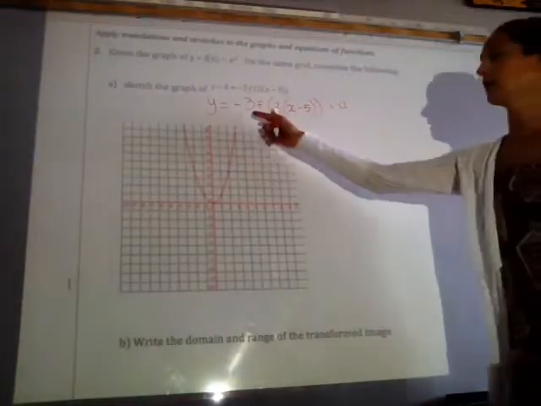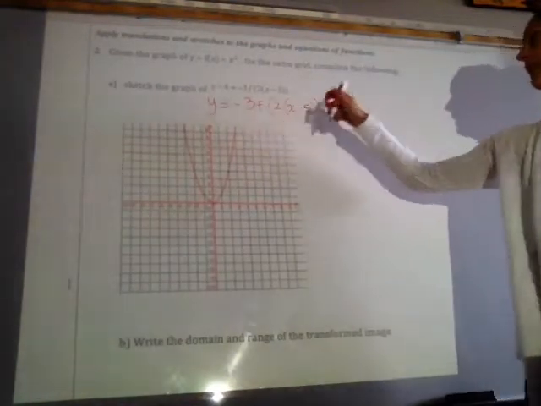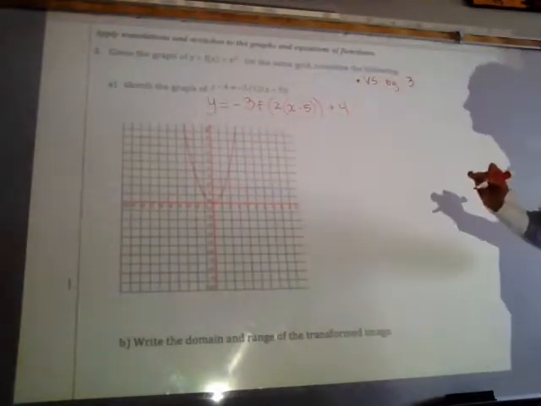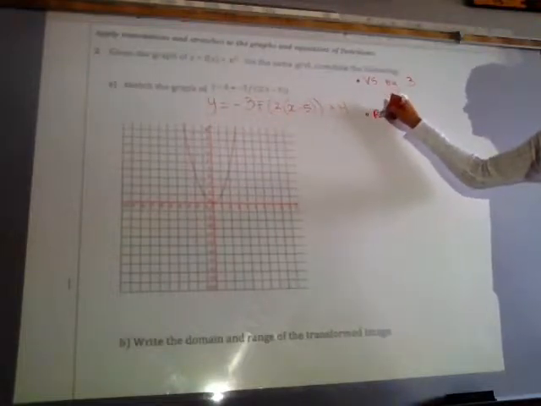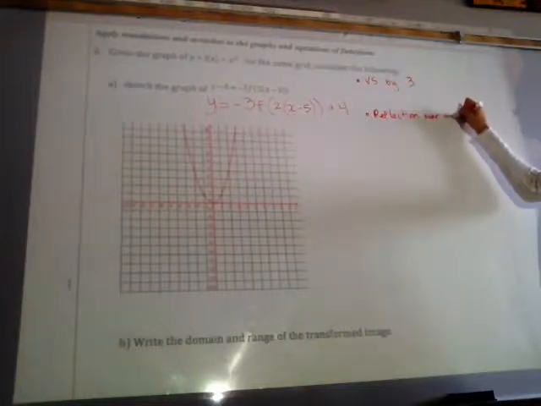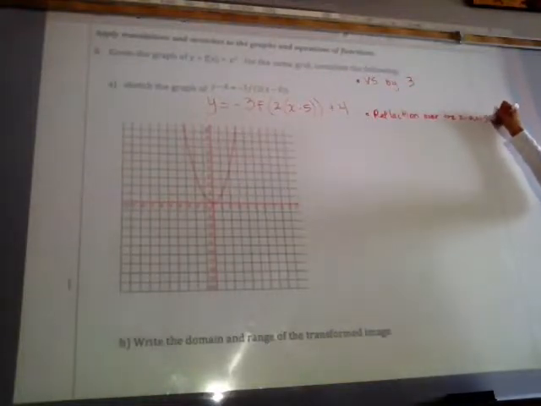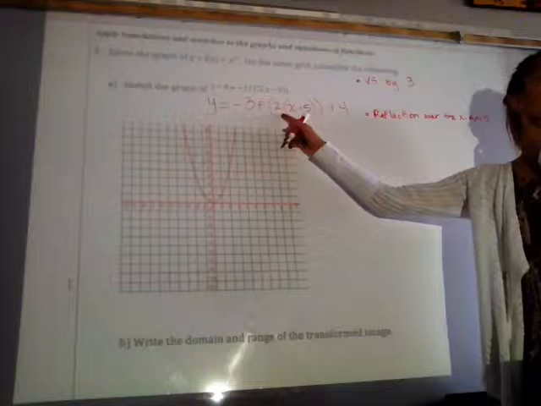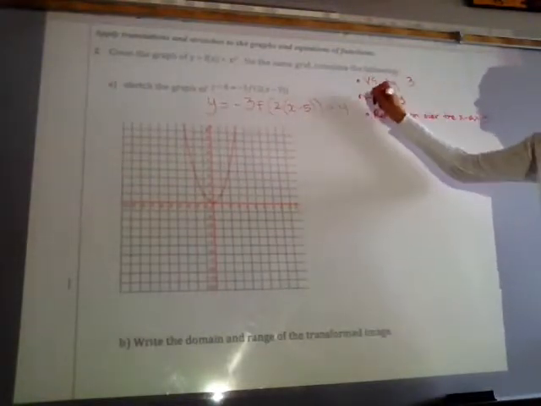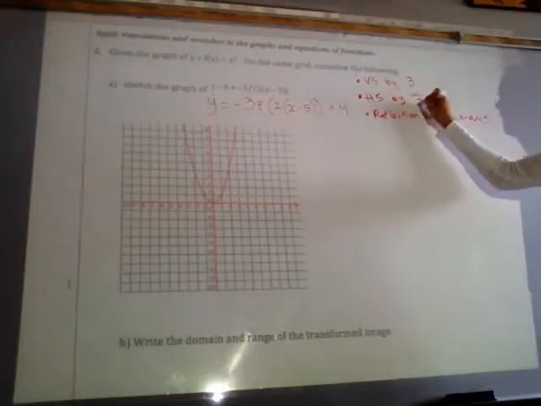So let's just summarize the transformations that are happening. Okay, the negative 3 is telling us that we have a vertical stretch by 3. We also have a reflection over the x-axis. The 2 tells us that we have a horizontal stretch by a factor of 1/2.